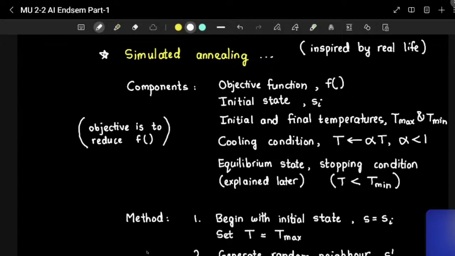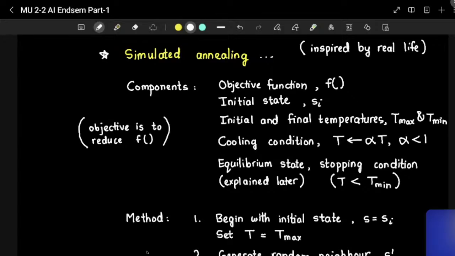How do we update the temperature? We'll multiply the temperature with a positive number that is less than 1. So temperature keeps decreasing. There's also something called equilibrium state and stopping condition. Stopping condition is essentially whenever t reaches a value that is less than t min, then you stop the entire algorithm. Equilibrium state we'll see.